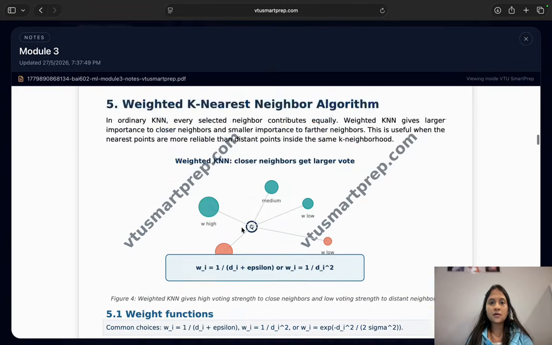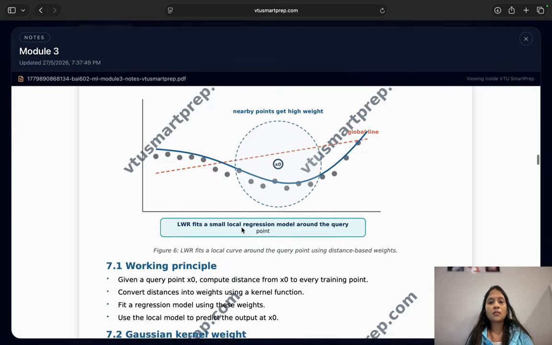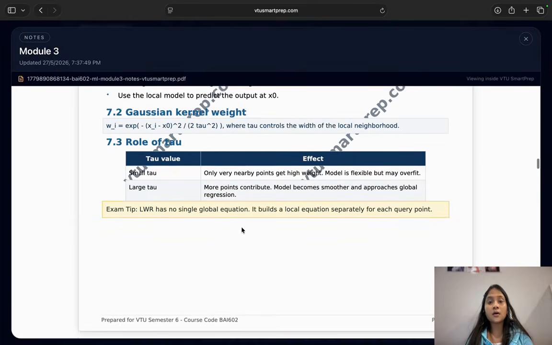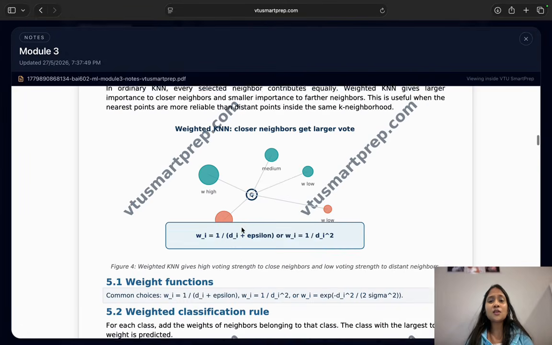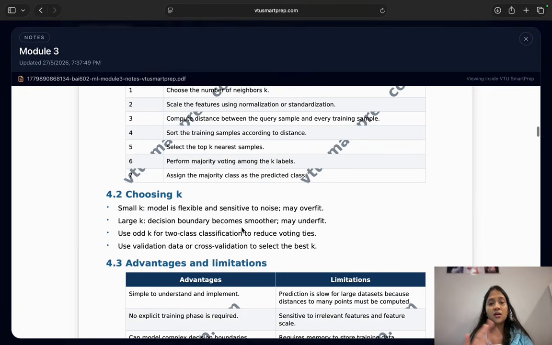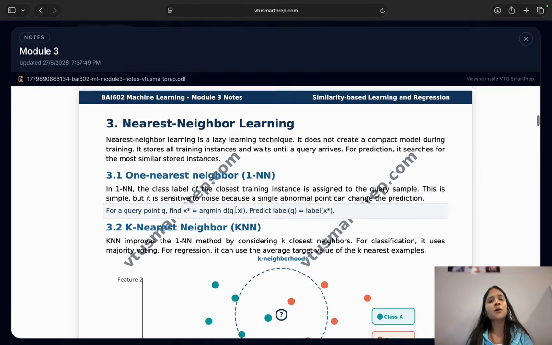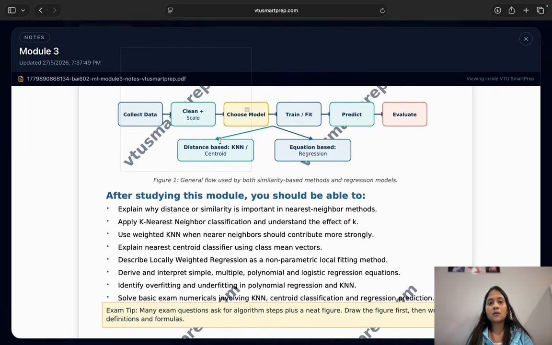That is why I've generated these diagrams and notes. I've generated the notes using AI tools, but it is from the textbook itself. According to your syllabus textbook, both the notes and the diagrams are generated.